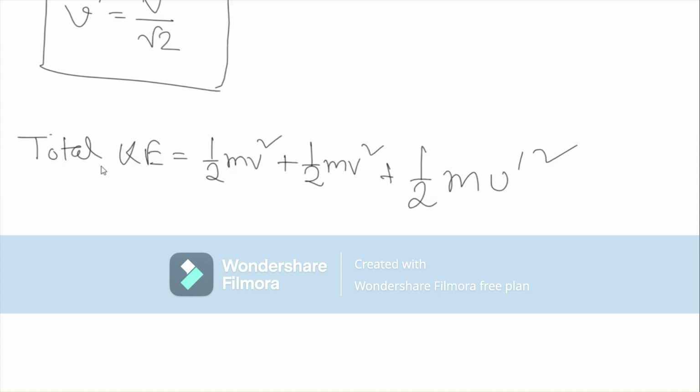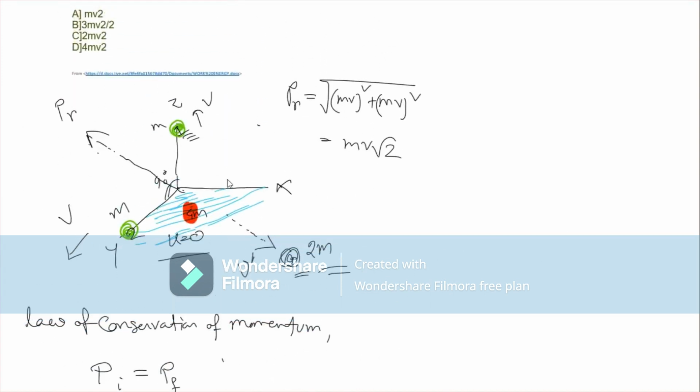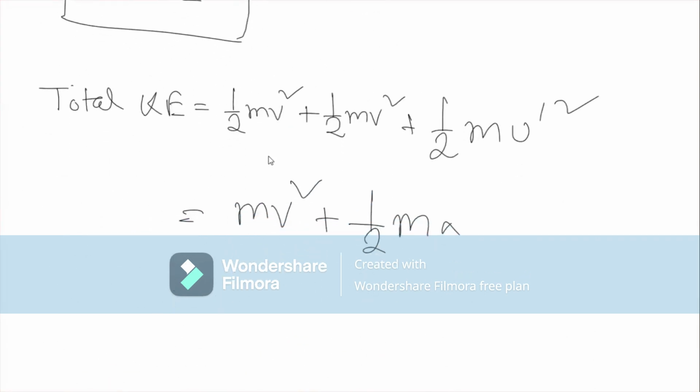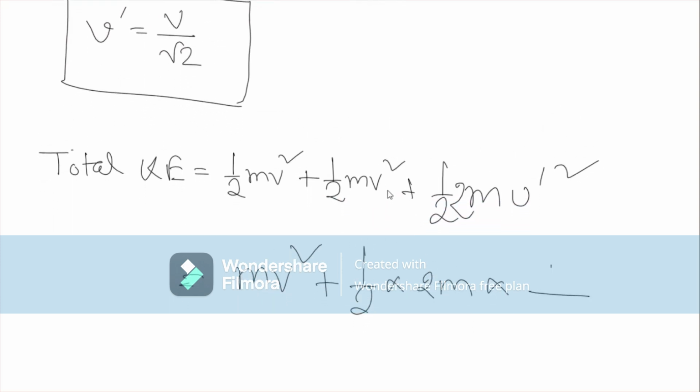Okay, so that will come out to be mv square plus half m, what is the mass of this block, that is 2m. Okay, so this mass will be 2m. So this will be half into 2m into, what is the value of v dot, the value is v by root 2, square.